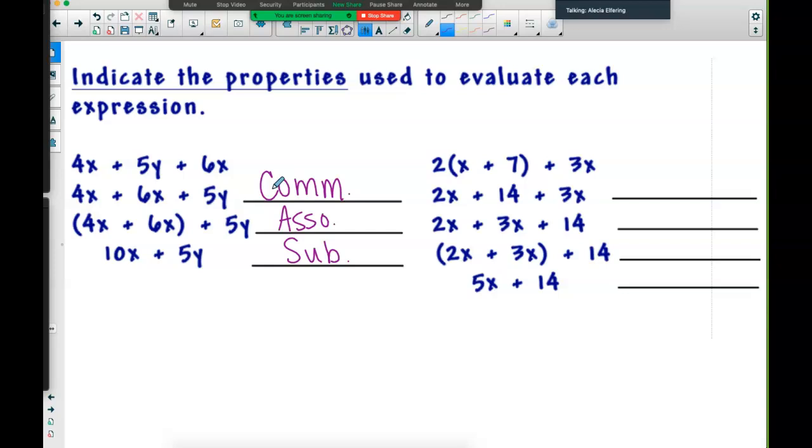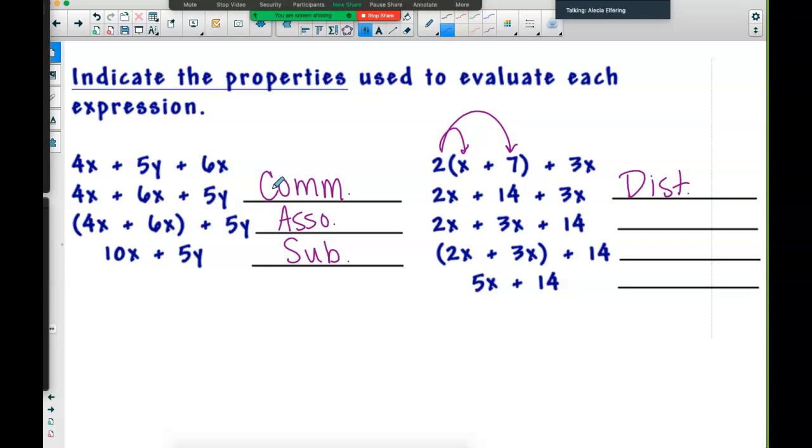In the next step, the parentheses are gone. When we are trying to remove the parentheses, what property do we use? The distributive. I distributed the 2 to the x and the 2 to the 7 to get 2x plus 14. So I used the distributive property first.